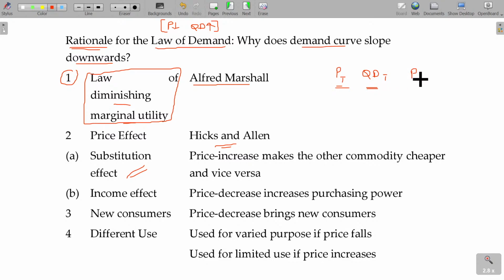Price of coffee and quantity demanded of coffee. If the price of coffee is say 20, quantity demanded of coffee is say 20. Price of tea is 10, quantity demanded of tea is 80.